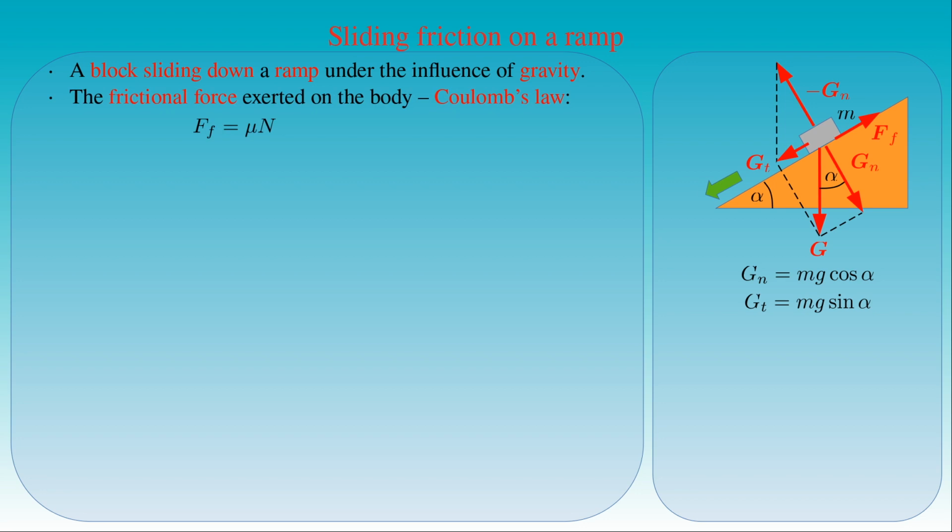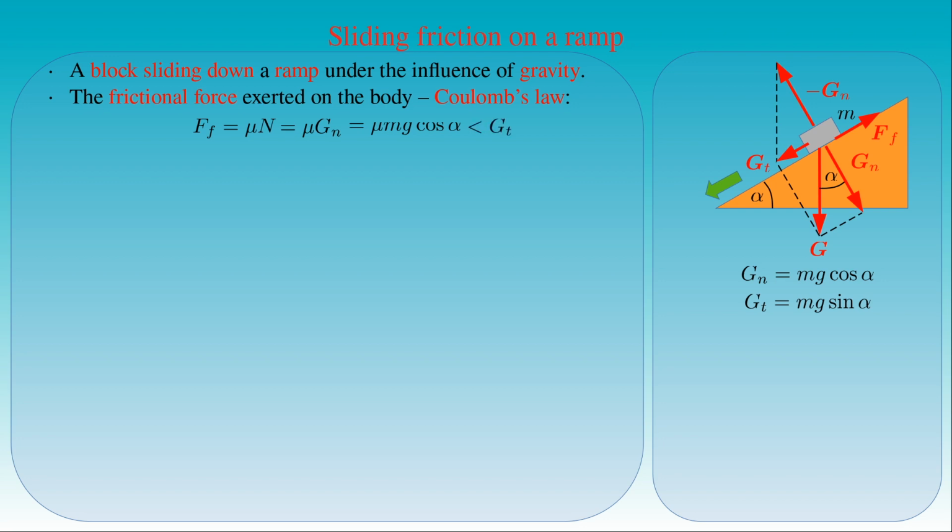In this setup, the normal force is equal to the normal component of the weight G of the body, and we have the coefficient of the sliding friction mu, times the mass m times the magnitude of the gravitational acceleration g, times cosine alpha. Since the block slides down, the magnitude of the frictional force preventing the motion is less than the tangential component of the weight G.